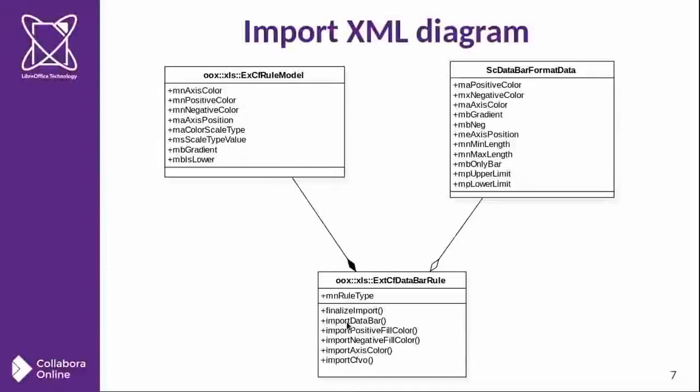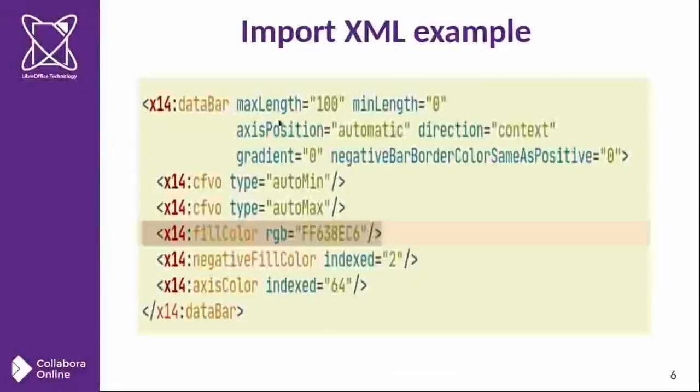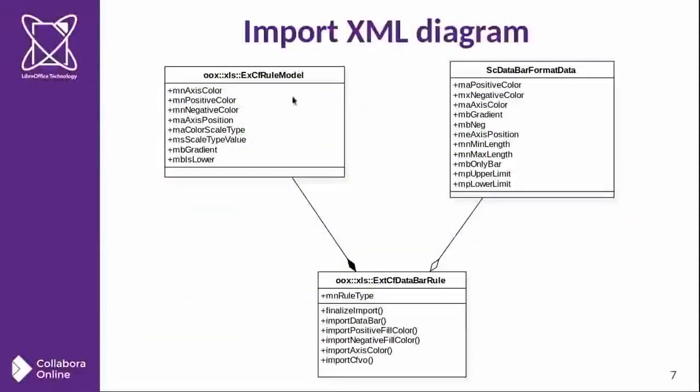And of course, this is when I was reading the code: during the parsing, the value is read and written here before. And after calling the finalize import, the data is copied from here. Obviously, this is a duplication of code.